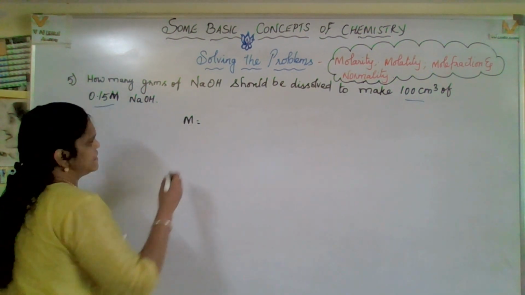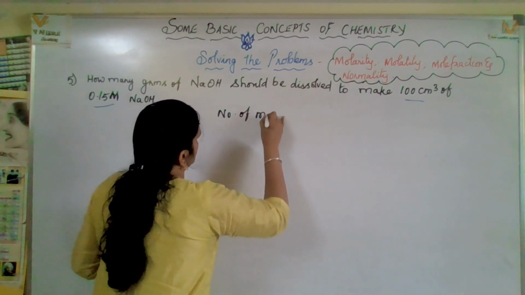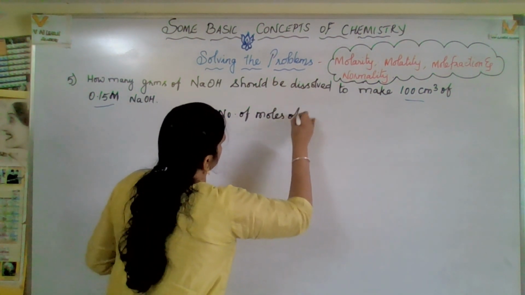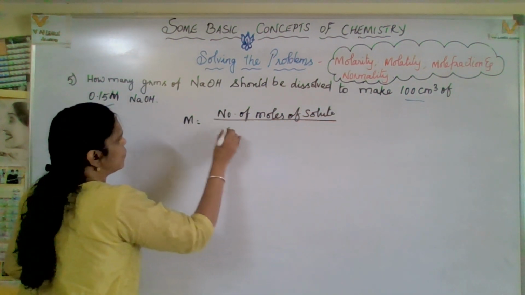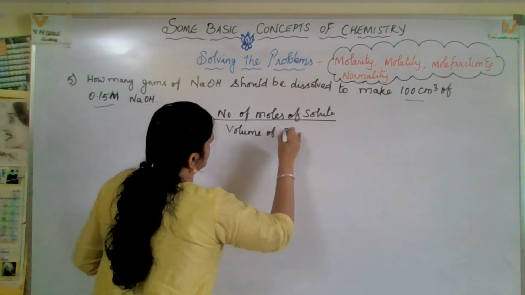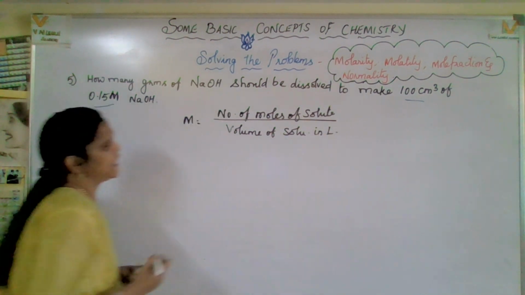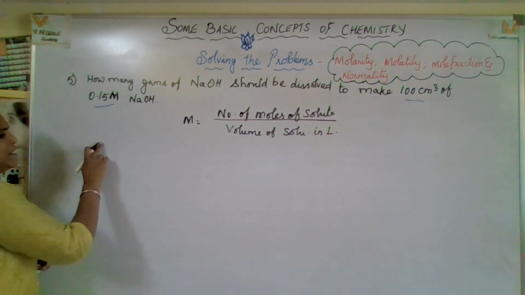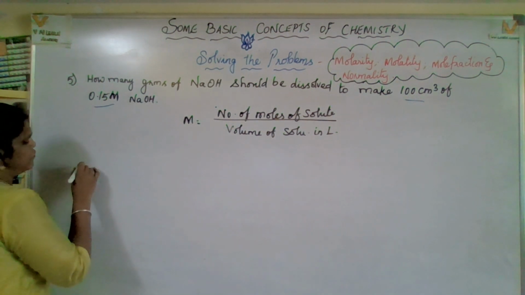Capital M, molarity, is equal to number of moles of solute divided by volume of solution in liter. Now, here we have to find out the number of moles. Let us check the number of moles.